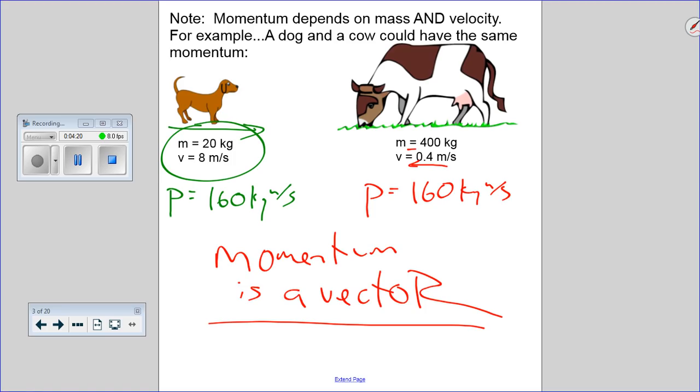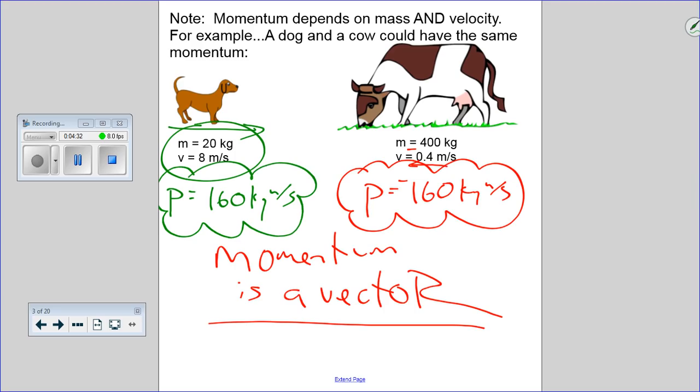Well, that means that the momentum also needs to be negative. So both of these animals have the same amount of momentum, but the direction of the momentum is different, because the dog's momentum acts to the right, and the cow's is to the left.